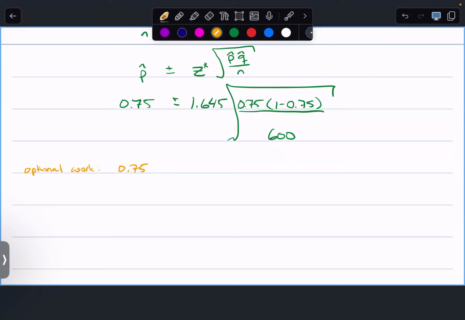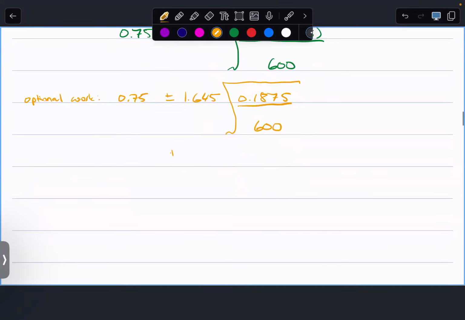I want to show all the steps because then you can follow along and see the steps that I followed. 1.645, 0.75 times 0.25 is 0.1875, divided by 600. 0.1875 divided by 600 is itty bitty.